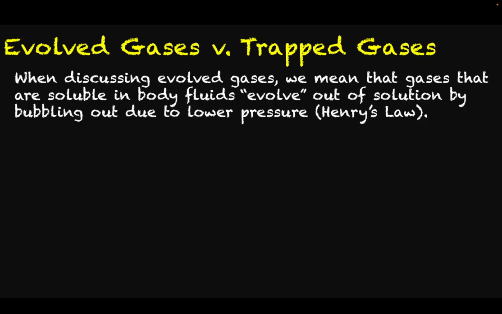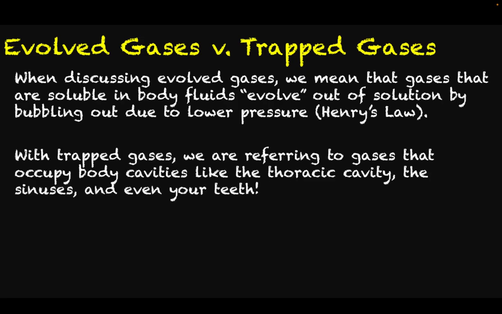Now we're going to start talking about the idea of evolved gases versus something new, which is trapped gases in the body. When we're discussing evolved gases, we really just mean gases that are soluble in body fluids that become less soluble due to the lower pressure and evolve out of solution. This was described by Henry's law.